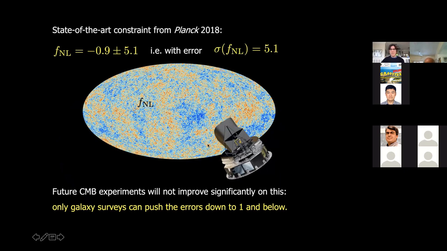So future CMB experiments like stage 4 experiments with the CMB will not really improve this significantly. It will maybe by a factor of 2 at most, and that's as much as we'll get out of the CMB. What we really need to do is to use galaxy surveys to help us push down towards 1 and even below 1 for measurement error, for precision on FNL.